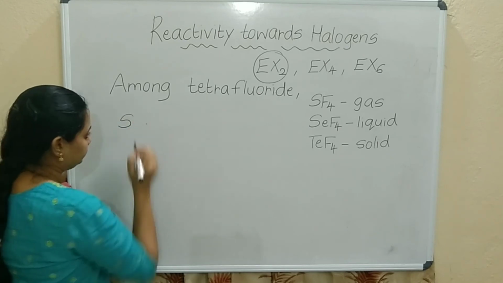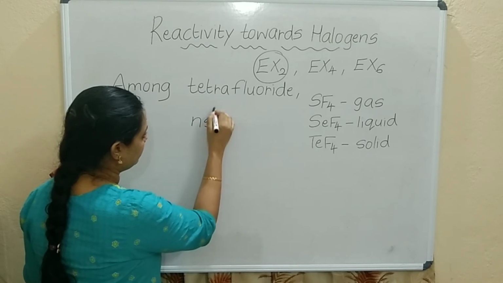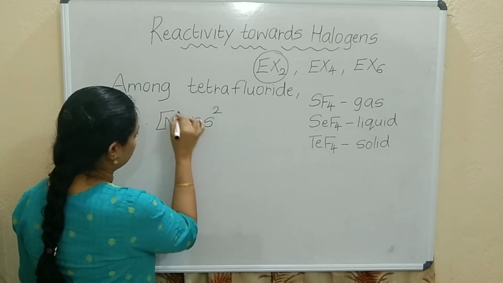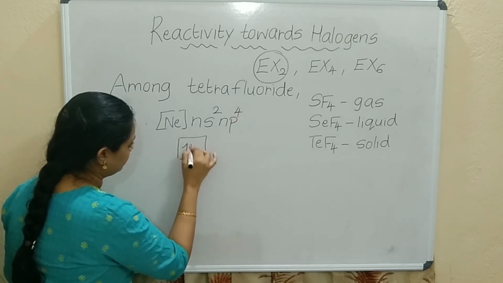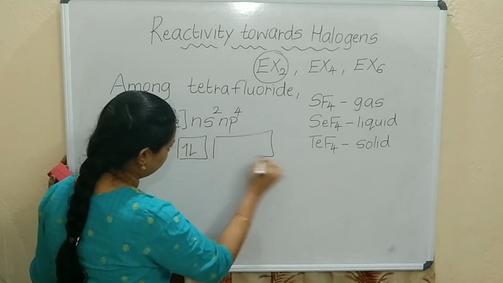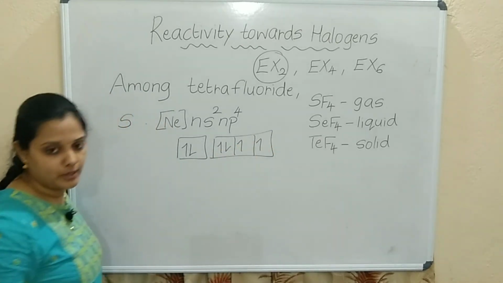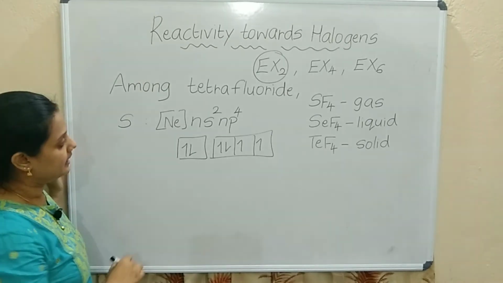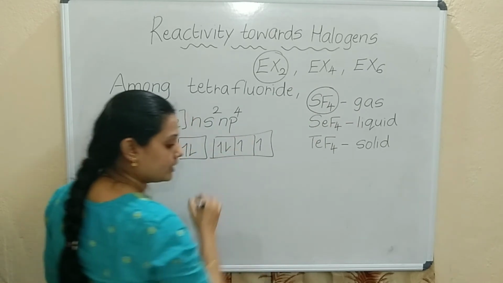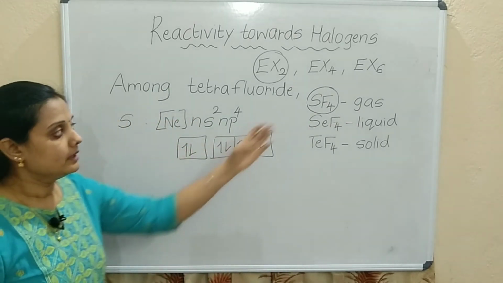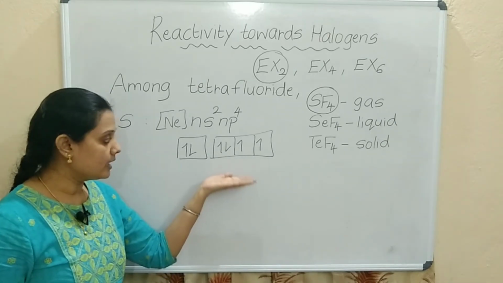For sulfur, I will write the general electronic configuration, that is for neon, 3s2 3p4. Same way, 2 electrons in s orbital and 1, 2, 3, 4 in p orbital. Now for SF4, 4 fluorines are there, so it requires 4 unpaired electrons.